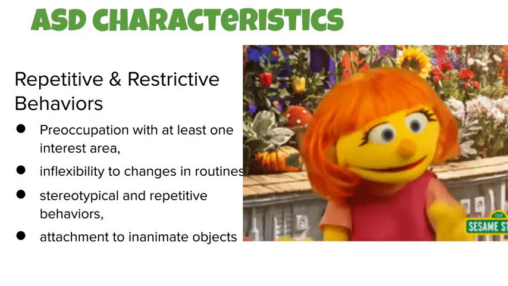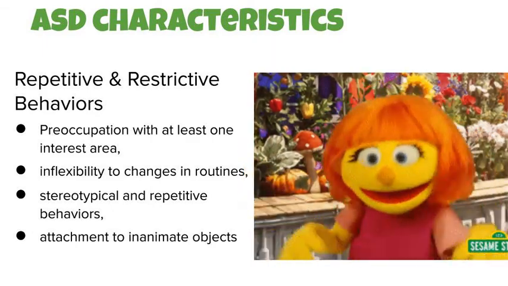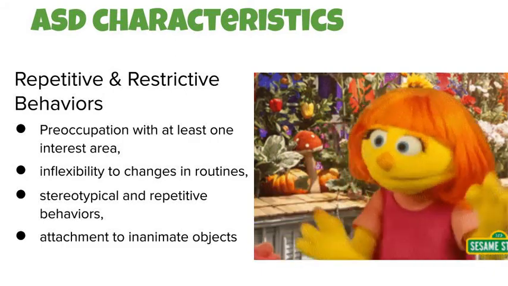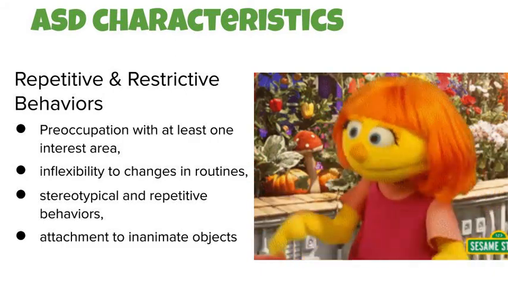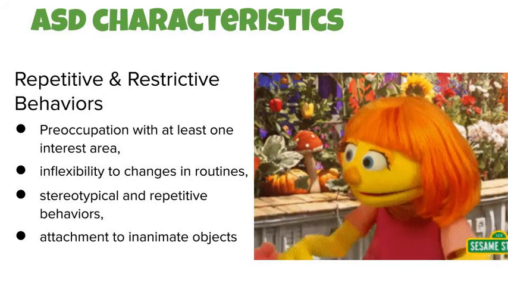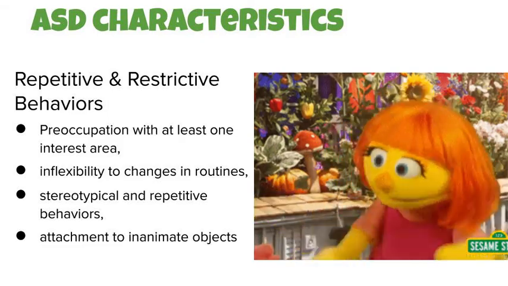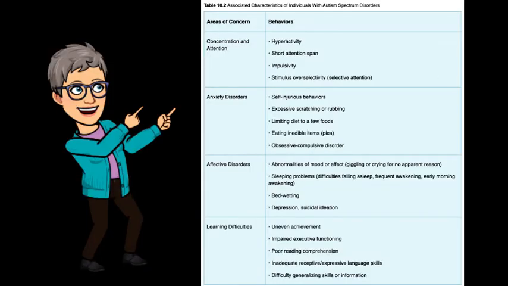A third area is repetitive and restrictive behaviors: preoccupation with at least one interest area, inflexibility to changes in routines, stereotypical and repetitive behaviors, attachment to inanimate objects, any of those as well. And then there are some other characteristics, and you'll want to look at table 10.2 in our text for some of the other commonly associated characteristics.